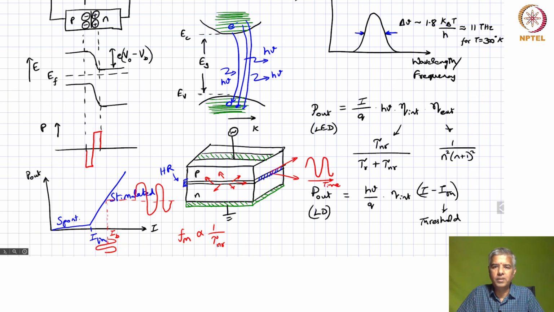At the lowest level, even if you've done everything to increase the radiative lifetime, it's eventually limited by the non-radiative lifetime. And the non-radiative lifetime could be on the order of a few nanoseconds. So if this is on the order of nanoseconds, FM is now on the order of hundreds of megahertz to a gigahertz, that type of frequency.